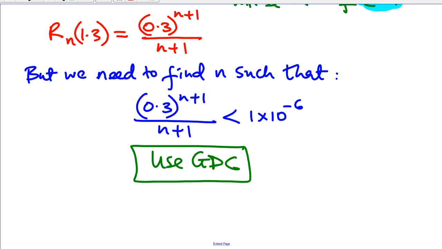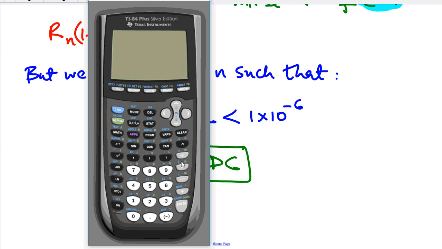If you go onto your GDC, you can go onto y equals and just plug in this expression: 0.3 to the power x plus 1 over x plus 1.